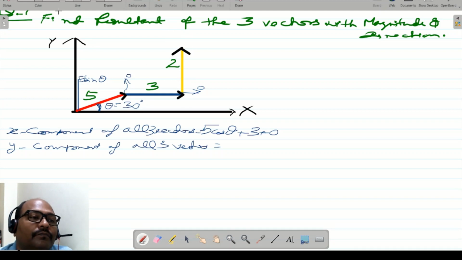So this is for 2, and for 3, right? So we have just marked it in different colors.